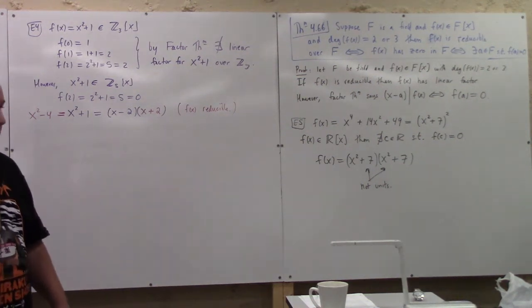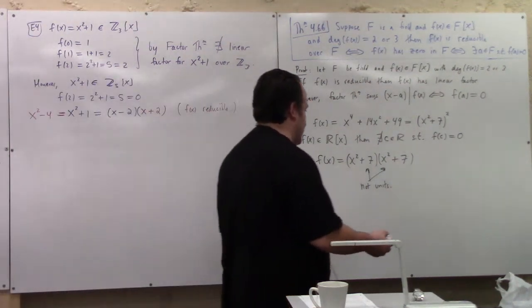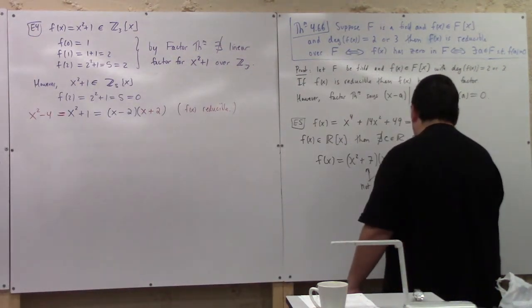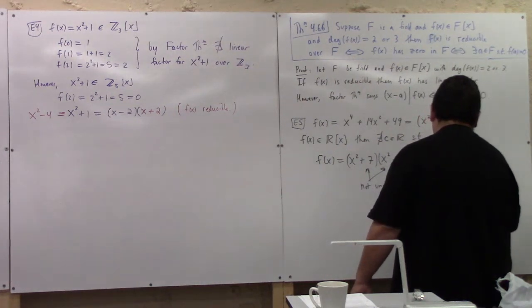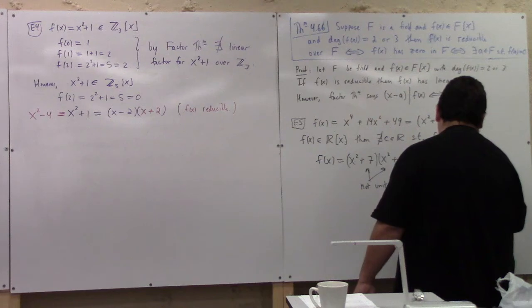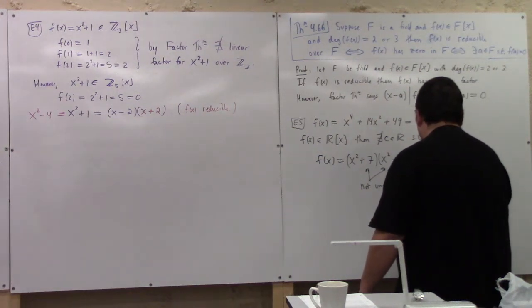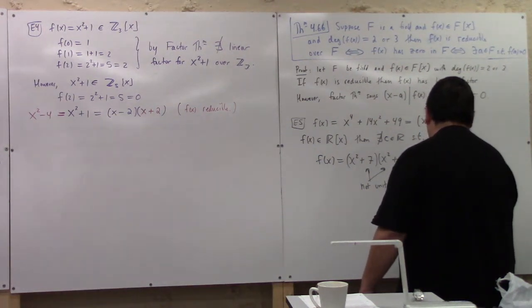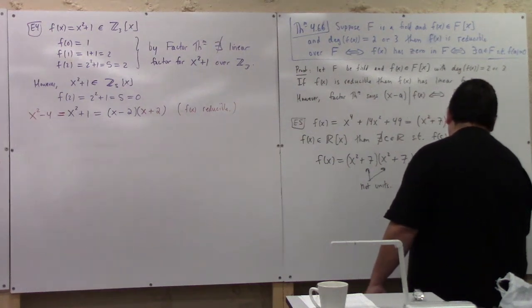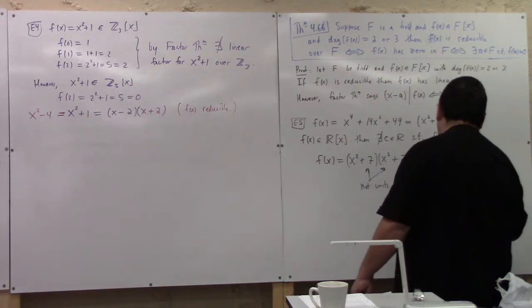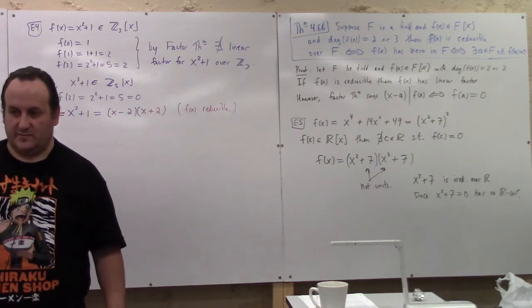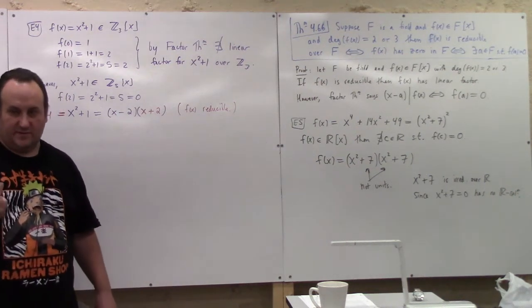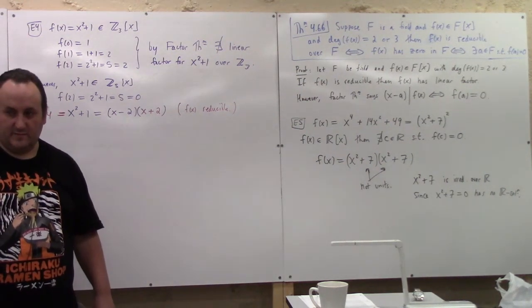Now, you can prove that x squared plus 7 is irreducible over R, right? Since x squared plus 7 equal to 0 has no real solution, right? X squared plus 7, that's a second degree polynomial, which is non-zero no matter what real number you put in it.